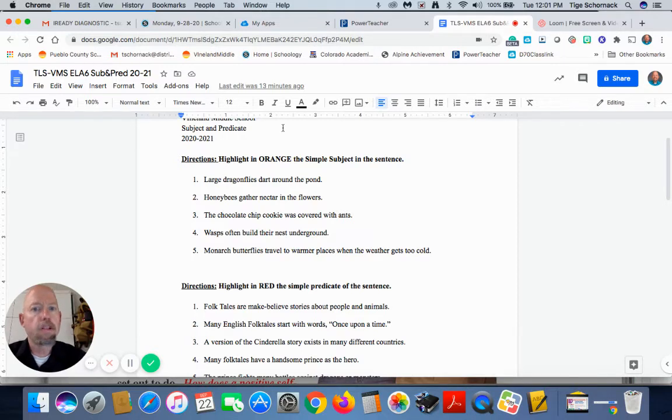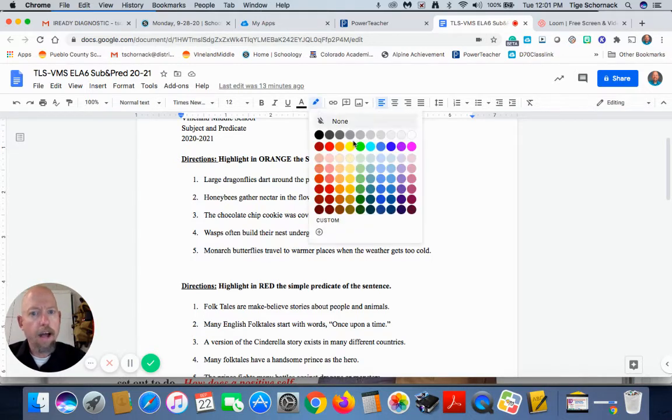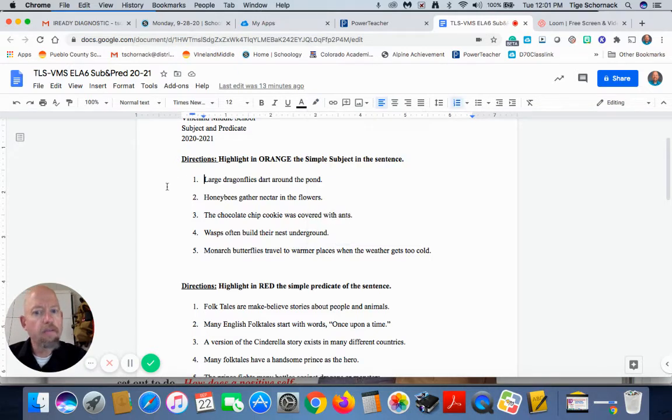I'm going to skip and do number 3. The chocolate chip cookie was covered with ants. So, if we go to our highlight color, now we ask ourselves, who is our main actor in this sentence? Who or what are we talking about? Well, we're talking about the chocolate chip cookie. But remember that we just want the subject, the noun.